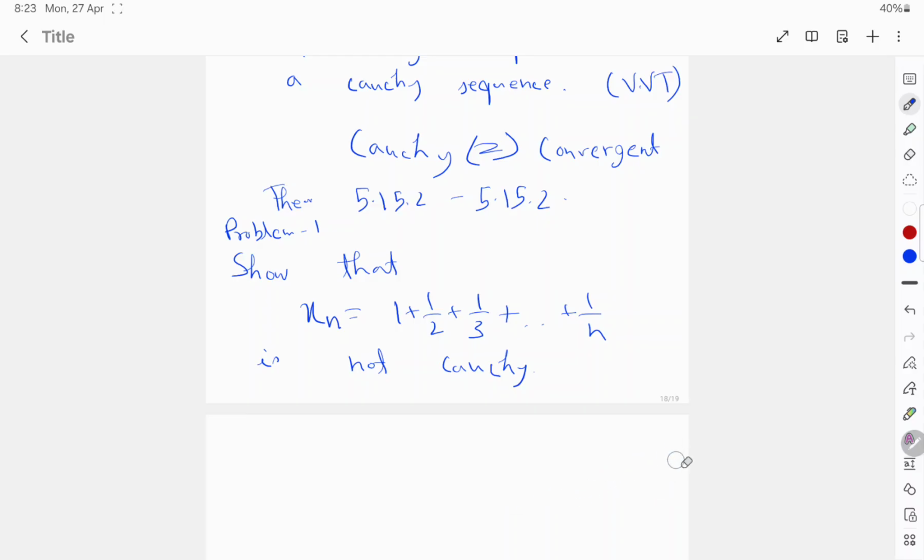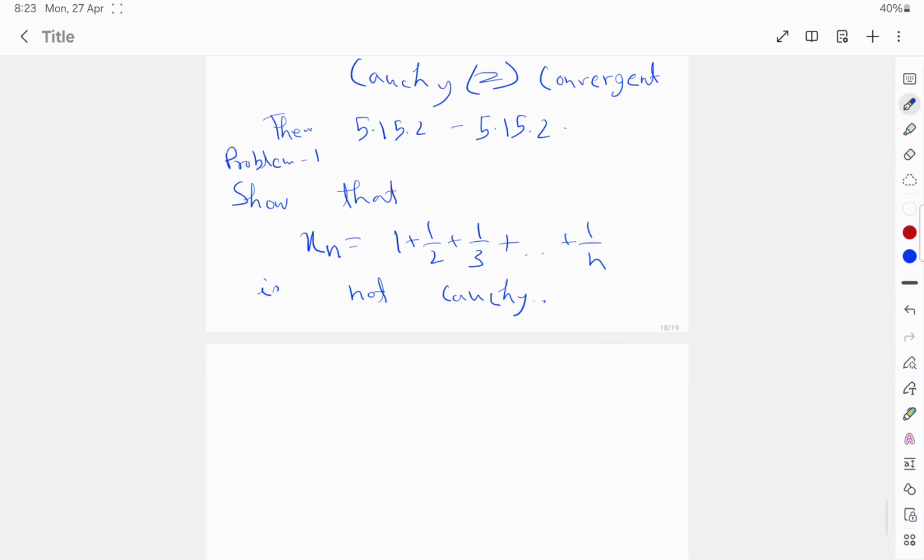And if they ask to prove this using the Cauchy criteria, or directly that it is not Cauchy, there are many types of proof. So here we can do this another way.